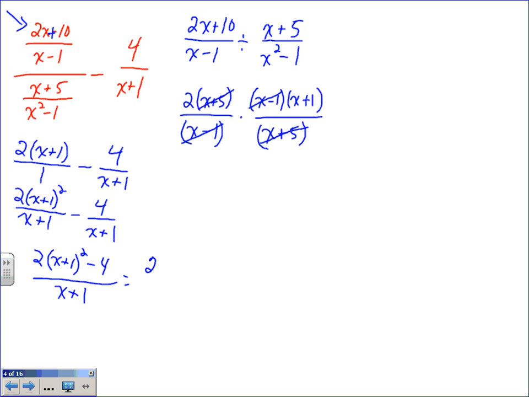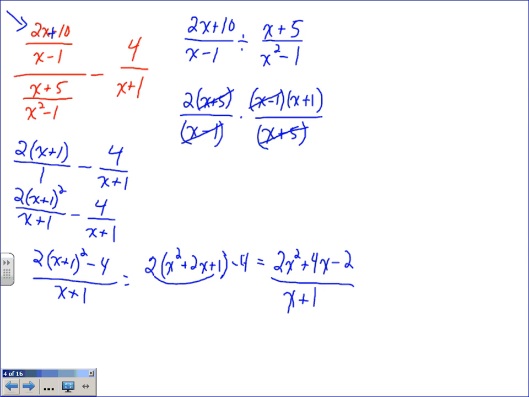You're going to get 2 times x squared plus 2x plus 1, which equals 2x squared plus 4x. That's a minus 4, isn't it? Plus 2 minus 4, negative 2, all over the common denominator. And I can tell you right now, we'll save a little bit of work. This does not factor.